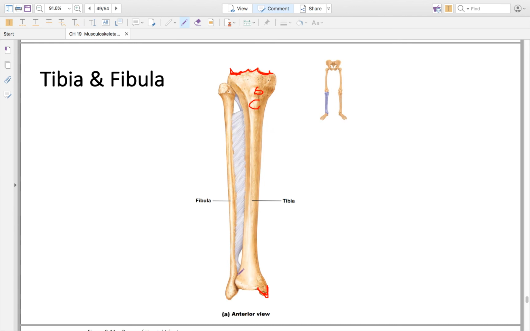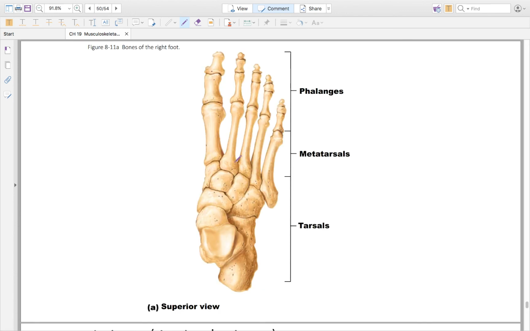Okay, the fibula. The fibula is this skinny bone. So all of your weight is coming in like this and sitting on your tibia, and it supports the whole body, all the body weight. And then it has this little assistant, and that is the fibula, and it's skinnier, and of course they're connected through a membrane.